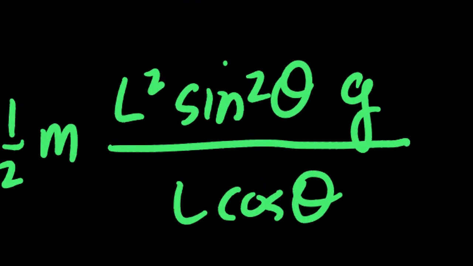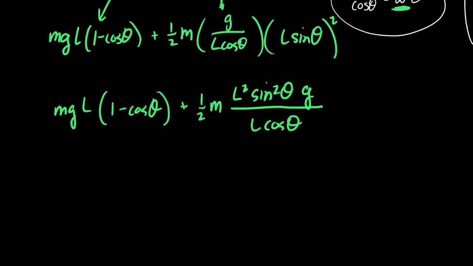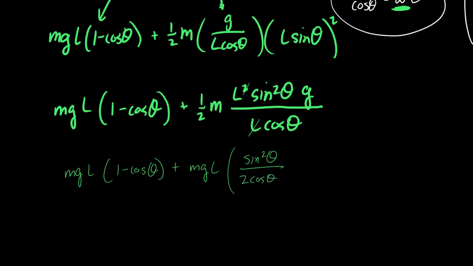You guys are aware that when you write sine squared, you put the 2 there next to the thing, right? Somebody asked me about that last week. All right. Do you see that one of the L's cancels? So mgL times 1 minus cosine theta. Just a lot of letter stuff, but one of the L's cancels. So I have an mgL again, all times sine squared theta over 2 cosine theta.